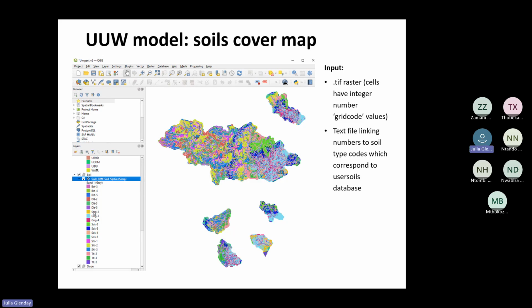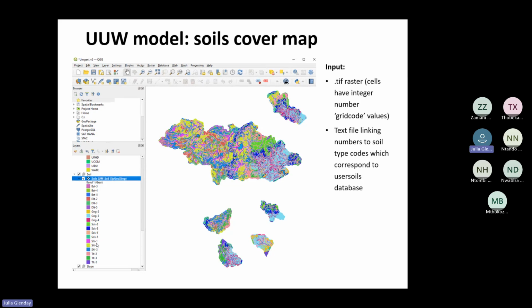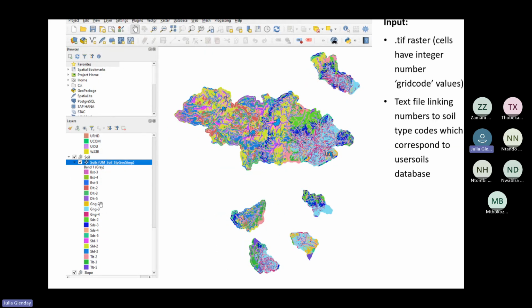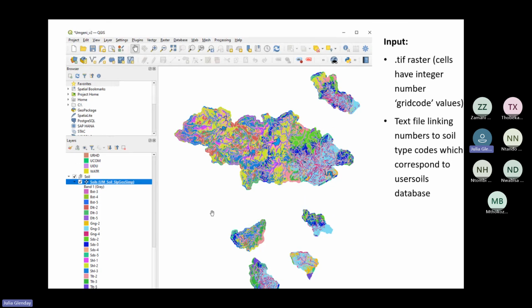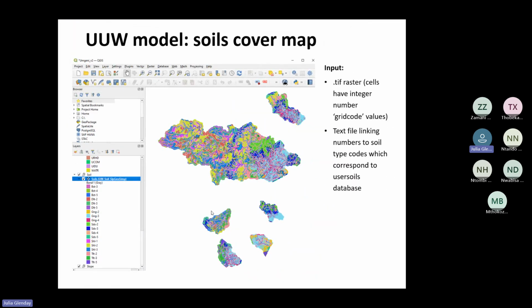DLT is dolerite, GNG is granite and gneiss. SDS is sandstone, shale and tillite, and then these numbers, 3, 4, have to do with whether it is an upper plateau, a slope, a lowland, or a floodplain on that geology.